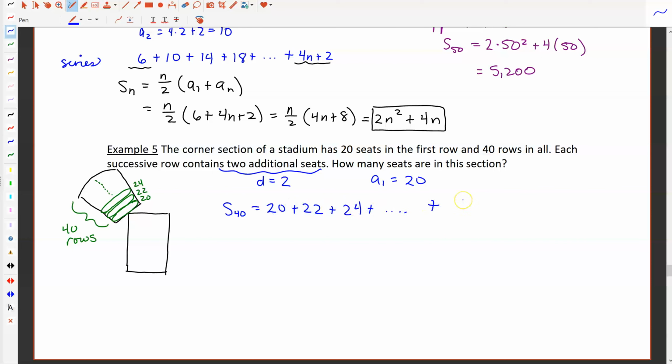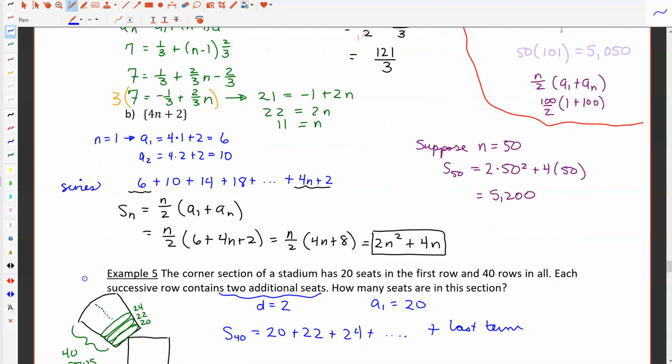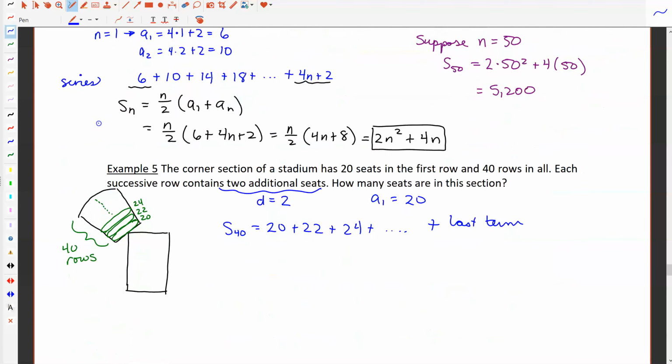But on this one, I don't know what the last term is. I don't know right now how many seats are in that last row. And I don't have any sort of expression that can help me get that, meaning that explicit formula wasn't given to me like it was on the previous problem, where they told me what that general nth term was.